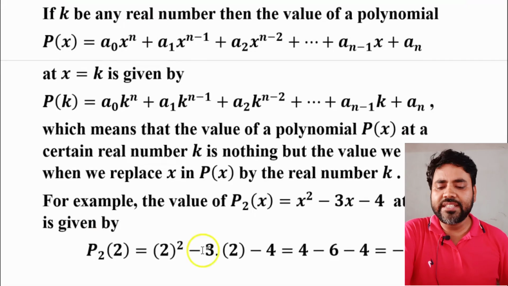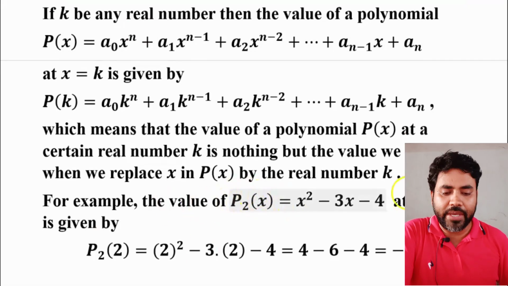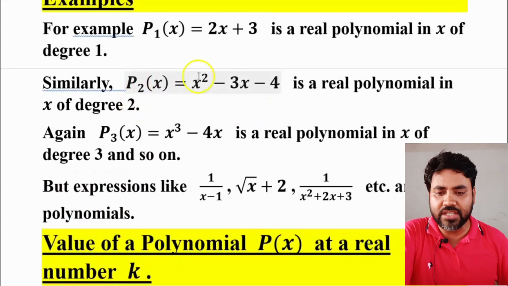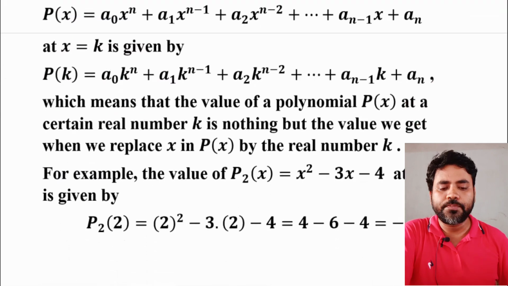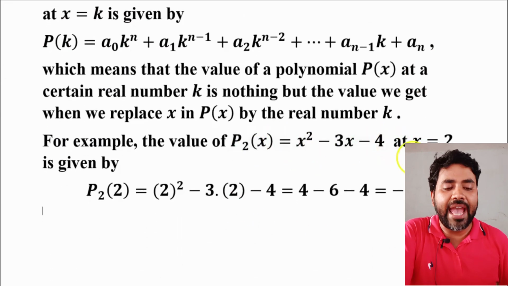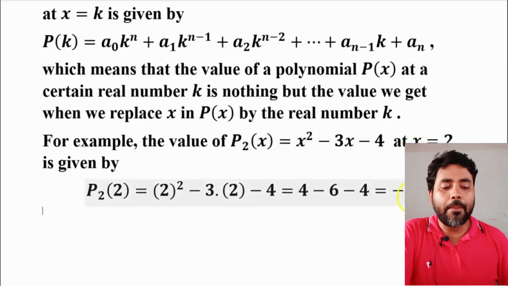Now, for example, the value of p2(x), we have taken this example earlier also. This is our p2(x), x square minus 3x minus 4. So this p2(x) will have a value minus 6 at the point x equal to 2. How?